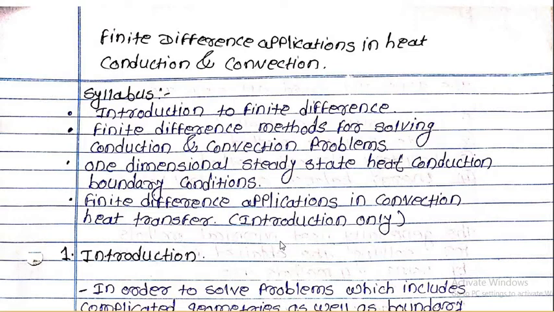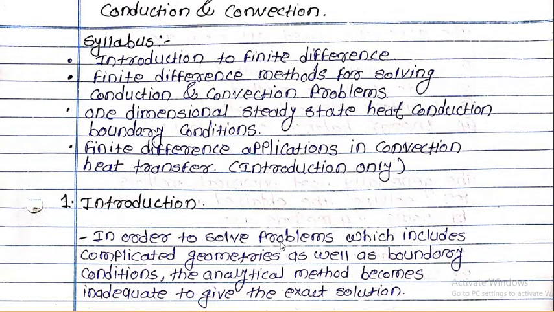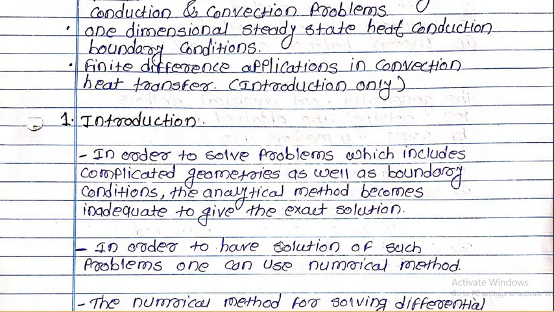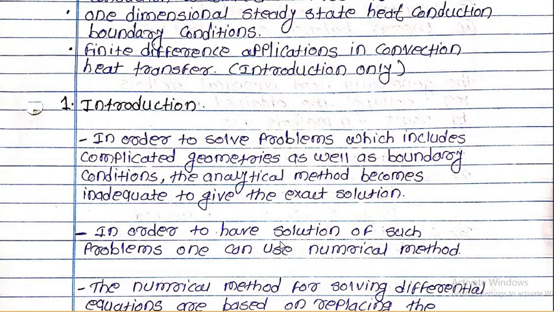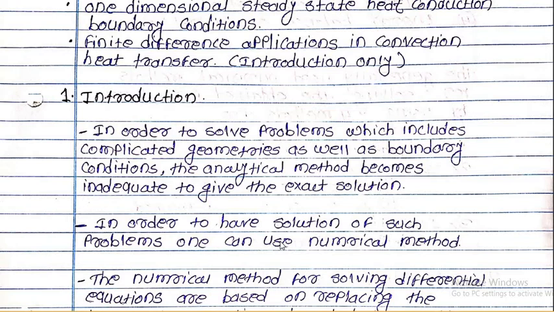So, what is meant by finite difference application? And what is meant by finite difference method? That we need to understand. While solving different kinds of problems related to convection and conduction, we come to know that the solution or the calculation is very tedious. And at the end of the solution, there is no guarantee of achieving the correct solution for that particular problem.